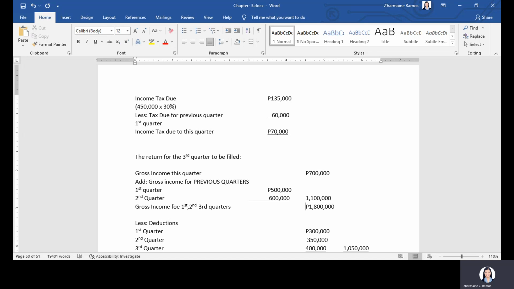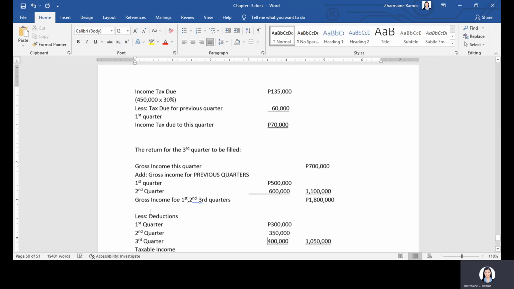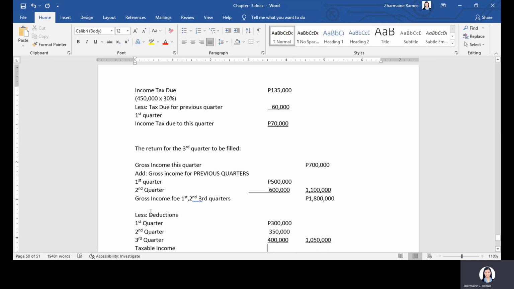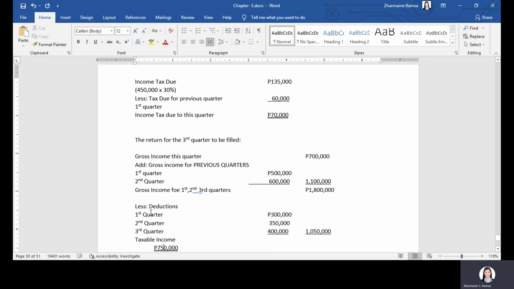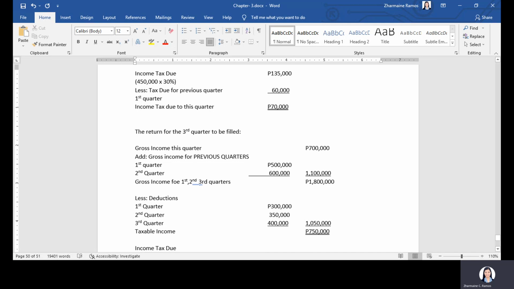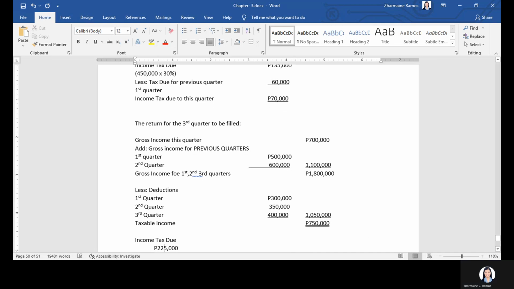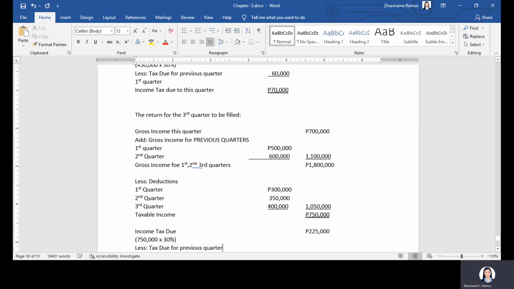Lagi mo pa rin idinadagdag yung previous quarter. Less yung total deductions mo for the first 3 quarters. So, ang total deductions mo is 1,050,000. Taxable income mo is 750,000 pesos. So, magkano ang income tax? 750,000 times 30% is 225,000.